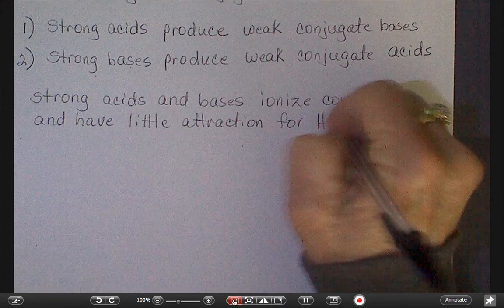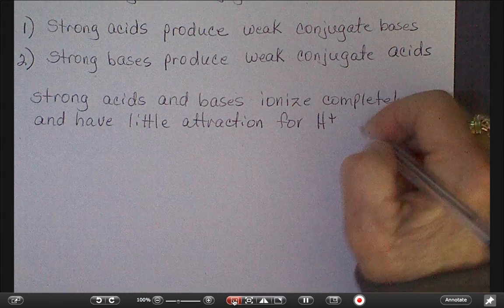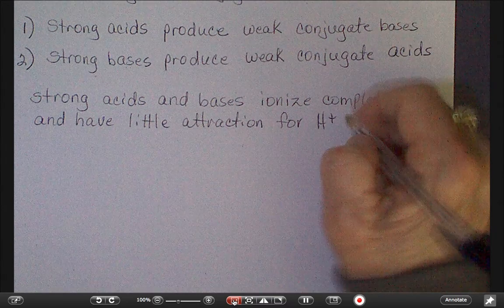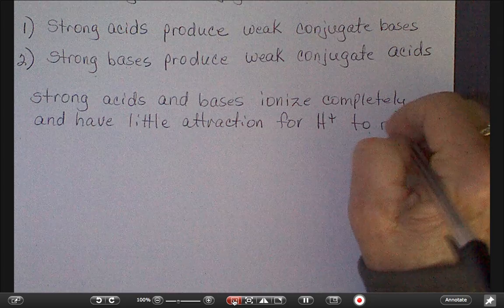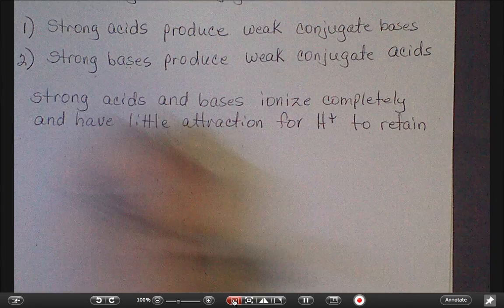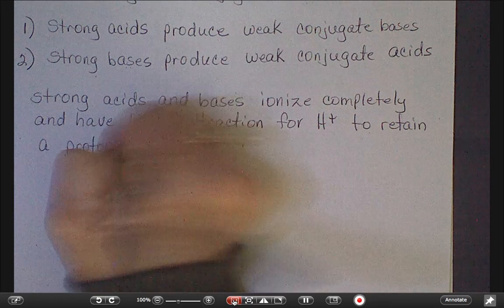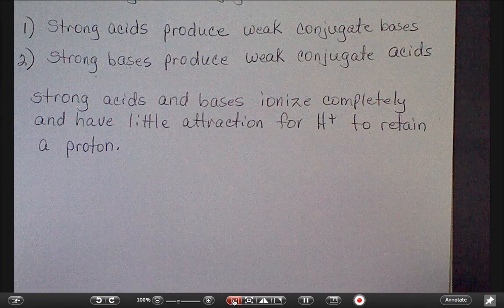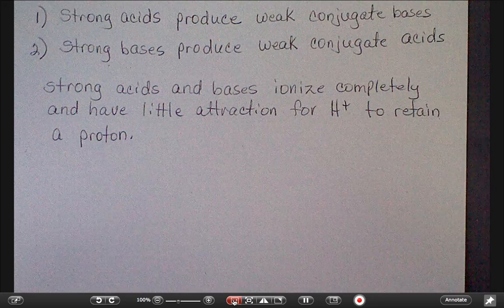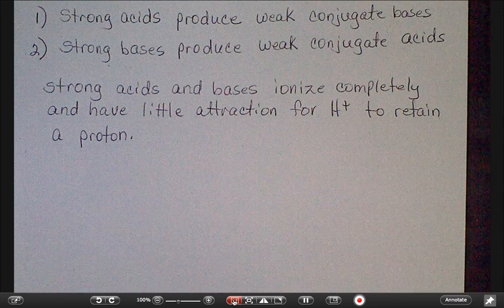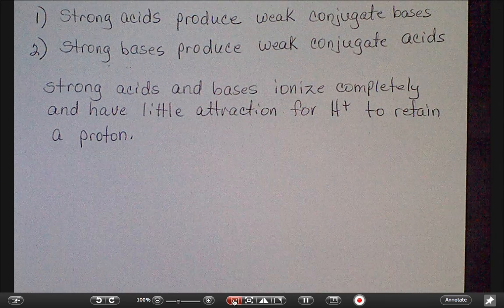Yes. To retain a proton. So once they ionize, there's really no attraction there for them to want anything back, so to speak.